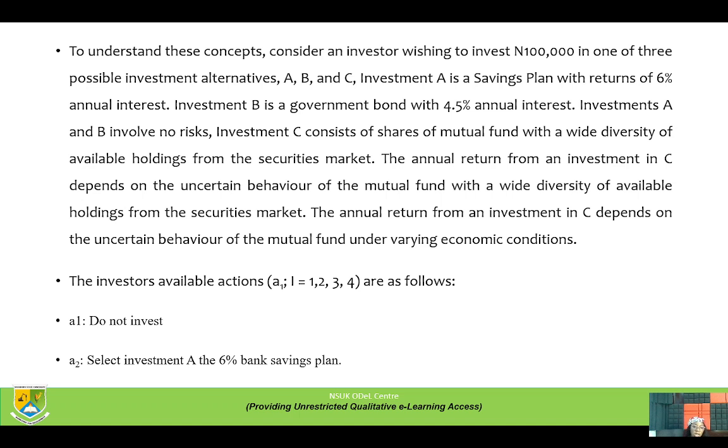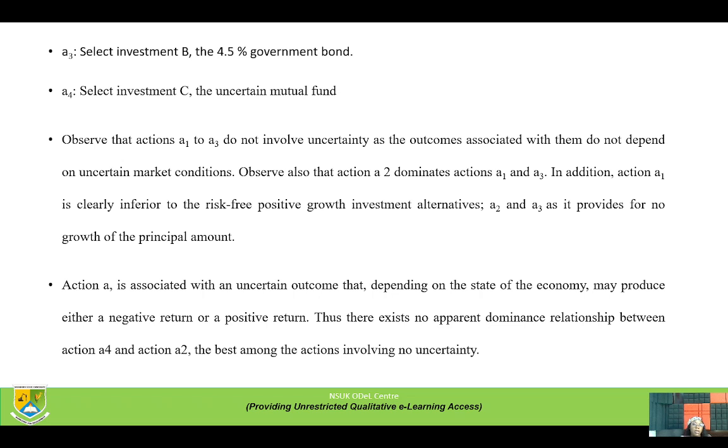A2, select investment A, the one with the 6% bank savings plan, the 6% annual interest. A3, select investment B, the government bond with 4.5% interest. And A4, select investment C, the uncertain mutual fund.